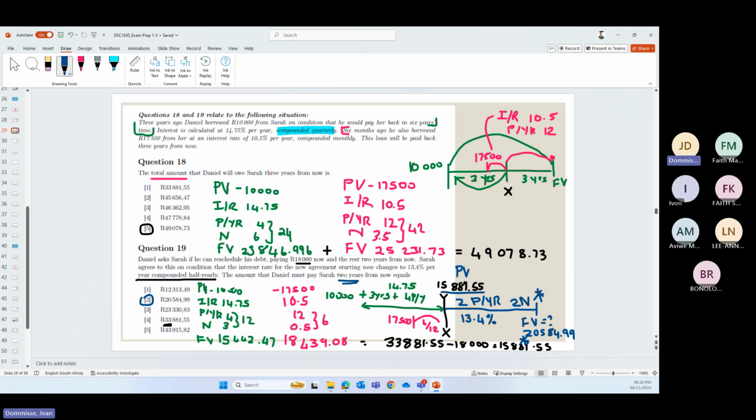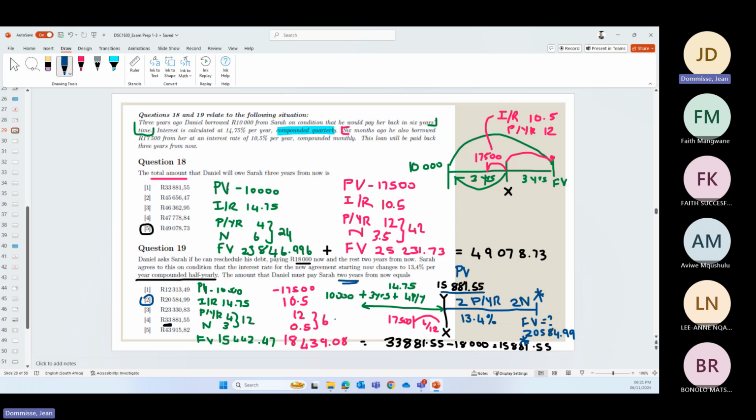So luckily, in question 18 and 19, we did not use any of the information in 18 in 19 again. I originally thought we would, but we didn't. But still, it is really a lot of exercise in here and a lot of things to do.